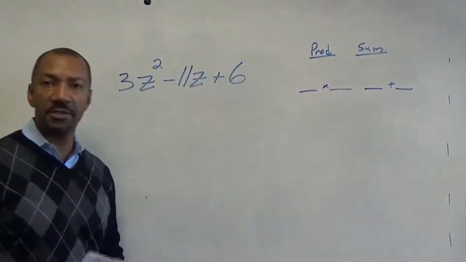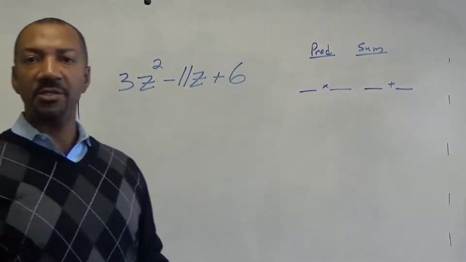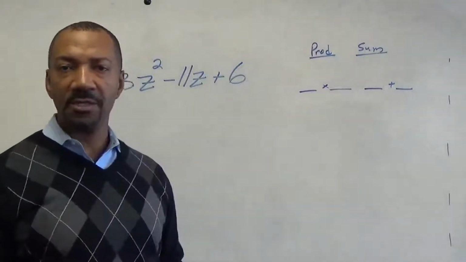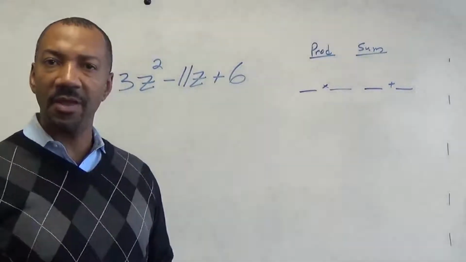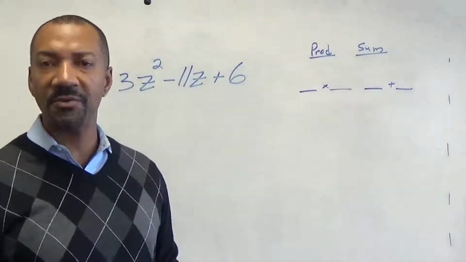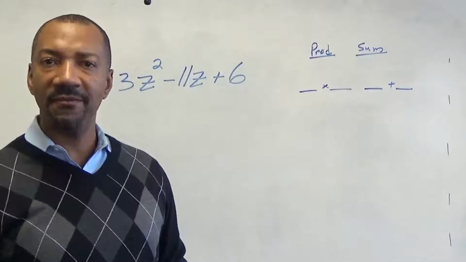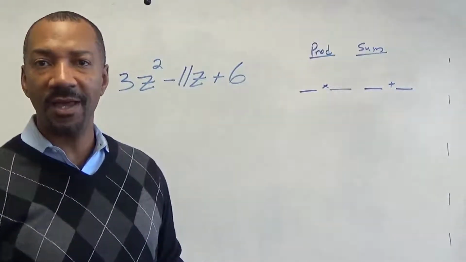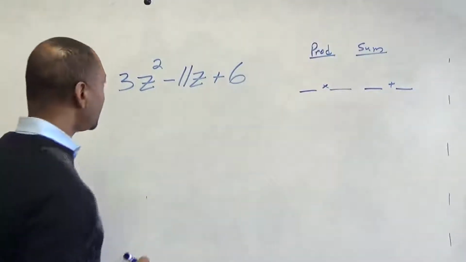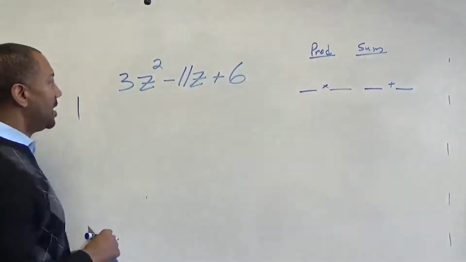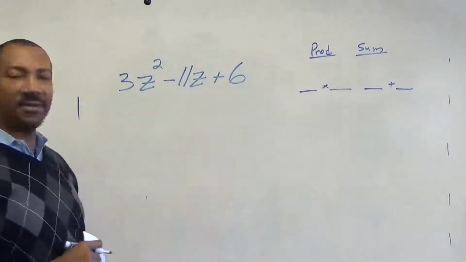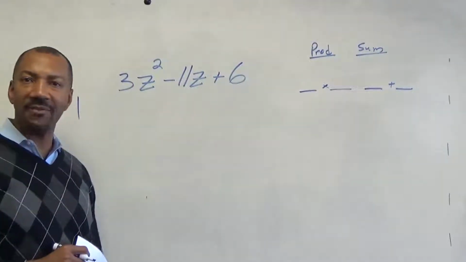And I want to encourage you at any point in time to pause this video so that you can continue working with what you feel that you understand, and then come back to the video to compare what you've done to what I've done. All right, so do you see a greatest common factor? Anything that you can divide out of all three terms?